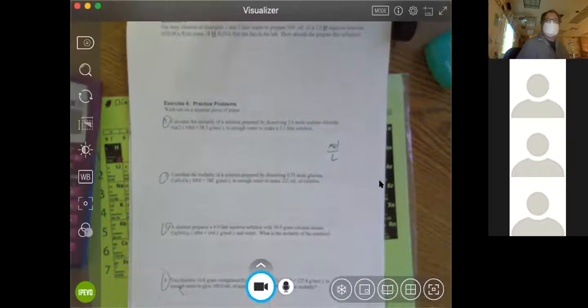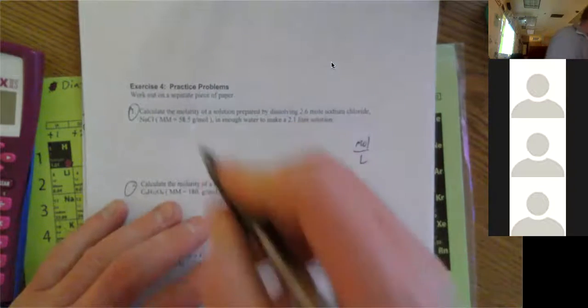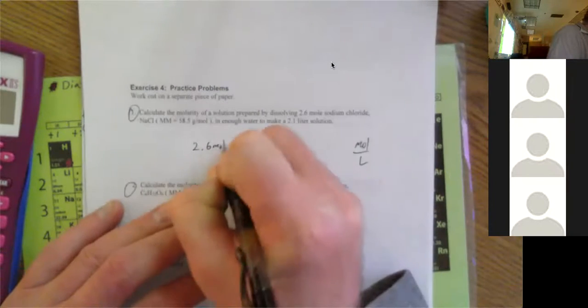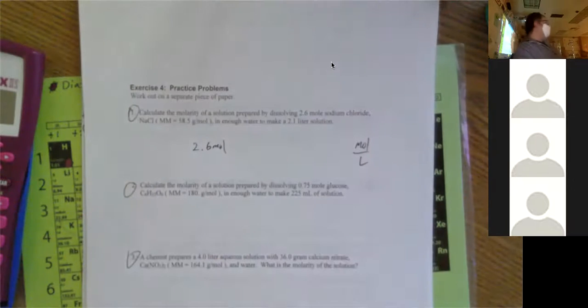What from the reading can we get moles from? What about the sodium chloride? All right, so we have 2.6 moles, Henry says. How can we get from moles to moles?